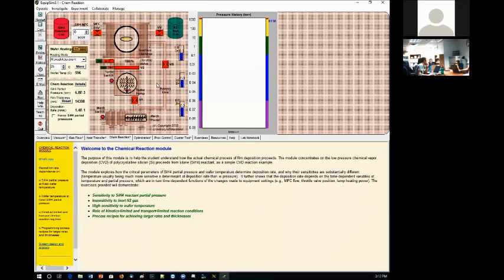All right, now one more thing has been added to the module. It's not just the heating this time or the gas flow, but the chemical reaction rates too. What we're going to do together is try to read out the deposition rates corresponding to the temperature and the pressure.